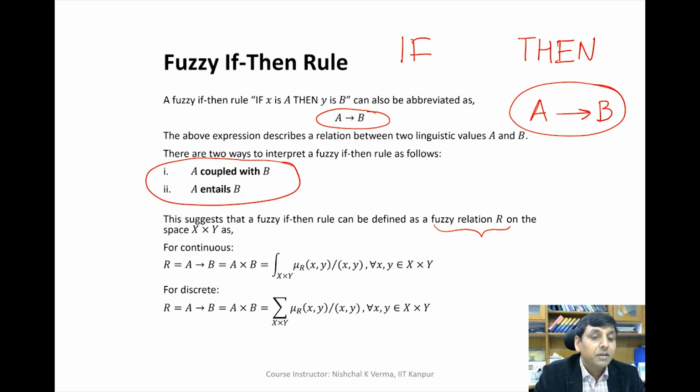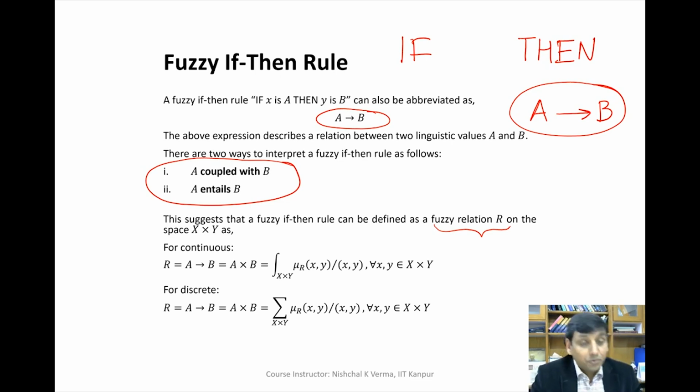If we have two fuzzy sets A and B, and we are interested in finding the relation fuzzy set, it will be nothing but the Cartesian product of these two fuzzy sets.